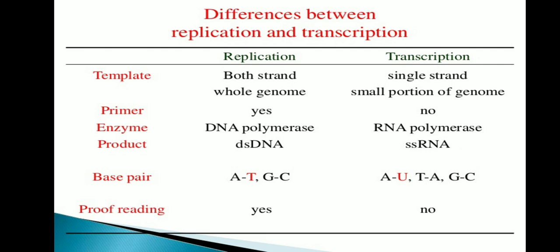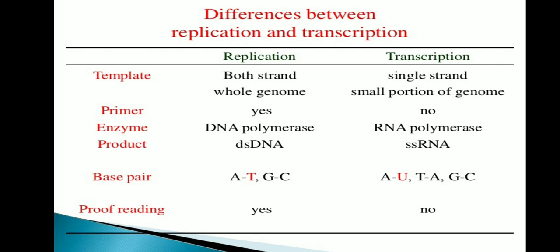In the replication process the whole genome will get replicated, while in the transcription process a small portion of the genome gets transcribed. In the replication process primers are necessary, while in transcription they are not necessary.